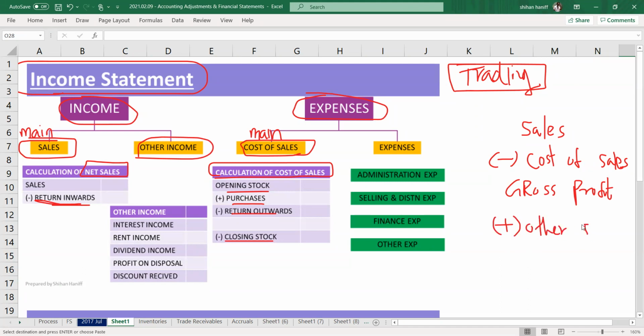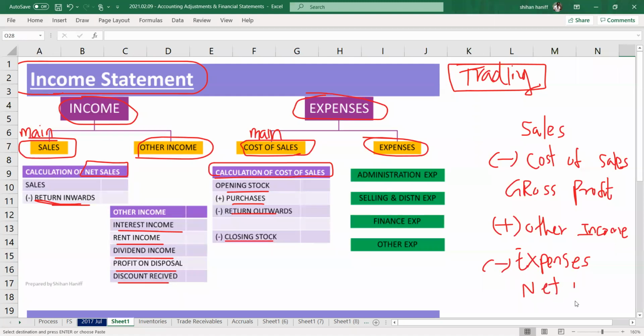Other income means income other than sales: the business will have interest income, rent income, dividend income, profit on disposal of an asset, and discount received. So we add other income and deduct all the expenses. Expenses are categorized into 4 types. Once you deduct the expenses, you will have the net profit.